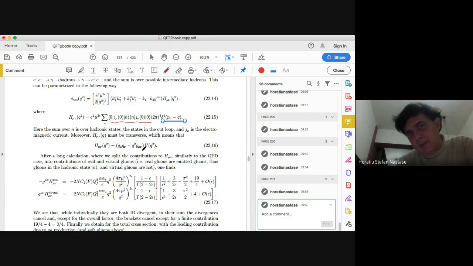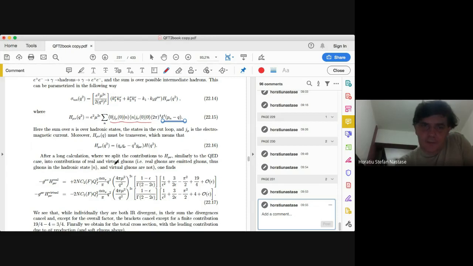So this Lorentz structure has to be q mu q nu minus q squared g mu nu, times a scalar function h. This is the general structure that one has for the total cross section, at all orders.